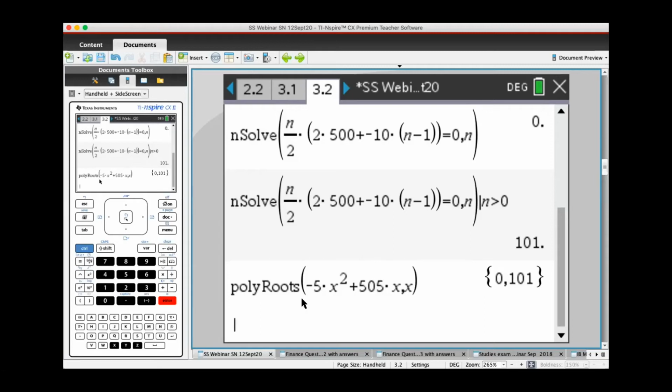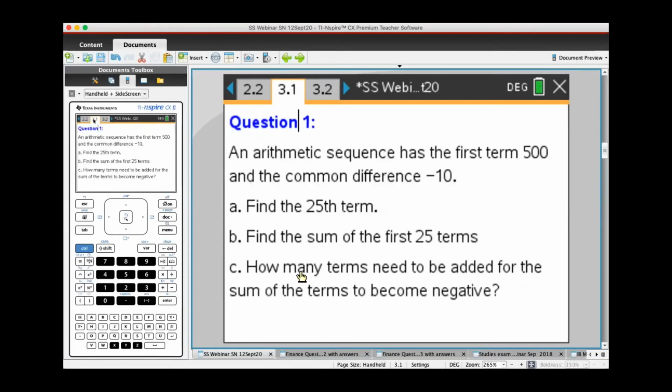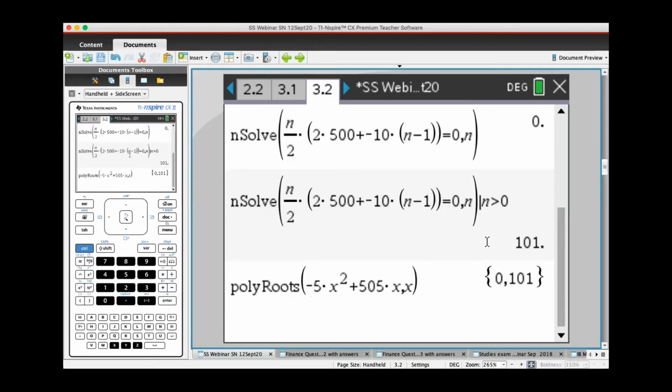Now I want to see if my answer is correct. How do I do that? Go back to the question. It said, how many terms are needed to be added for the sum of the terms to become negative? If you need 101 terms, let's check if that sum gives me a negative answer.